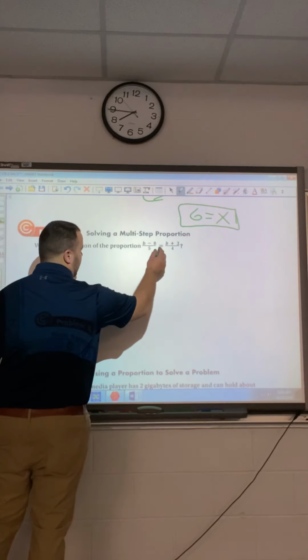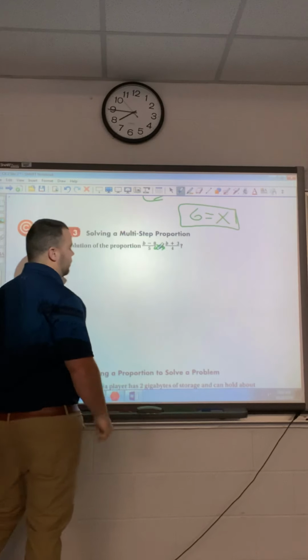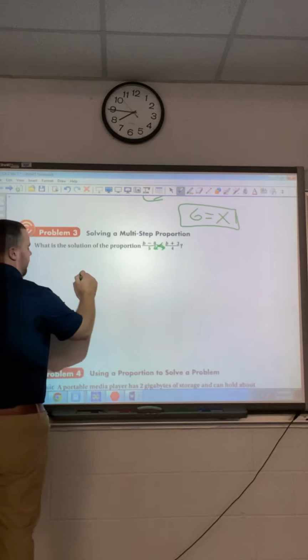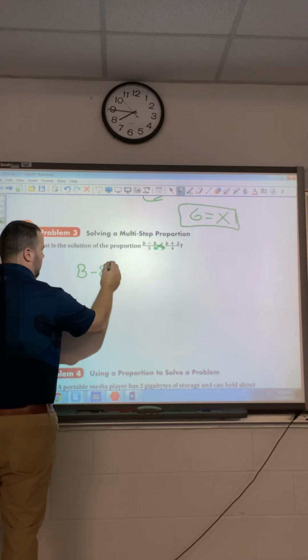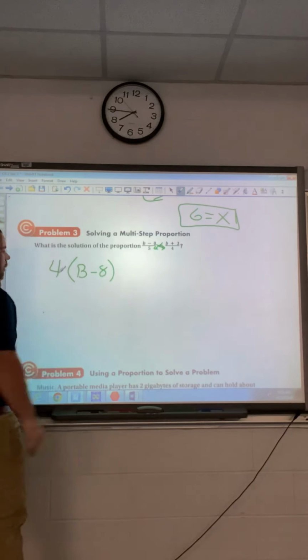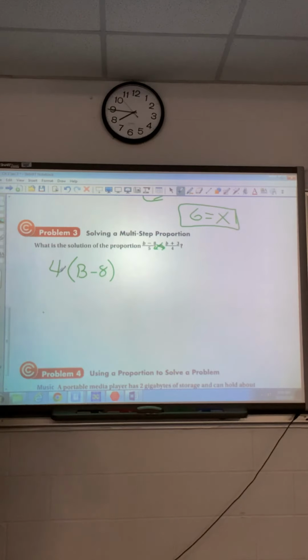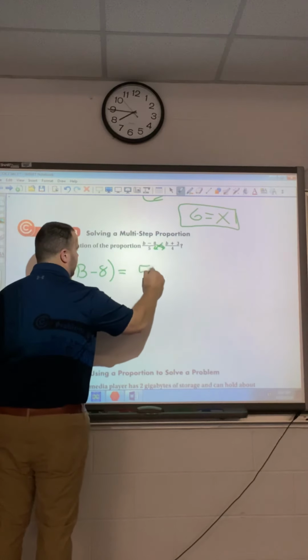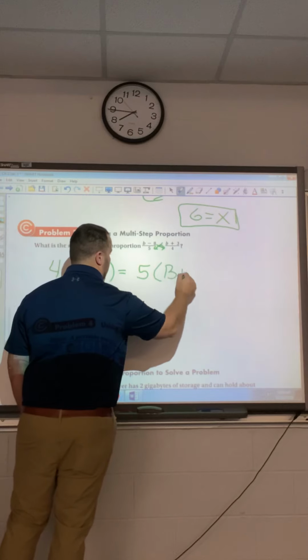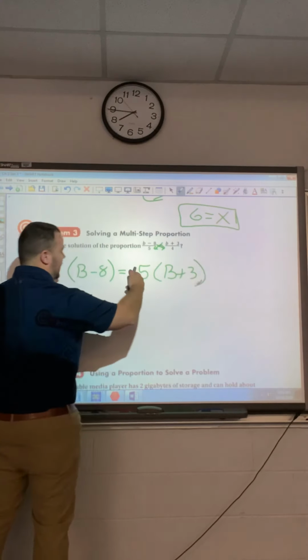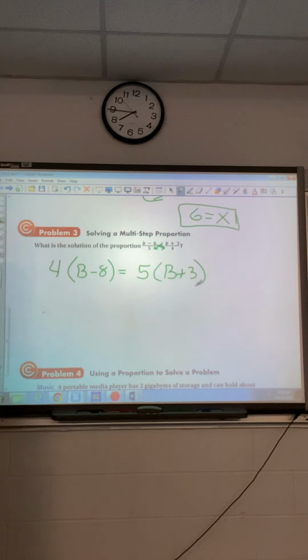I'm going to take this one and multiply it by that, and this one and multiply it by that. So I have b minus 8 times 4, the whole thing, and I also have 5 times b plus 3. They got to be equal to each other because they're cross products. The rules of cross products say they have to be equal.